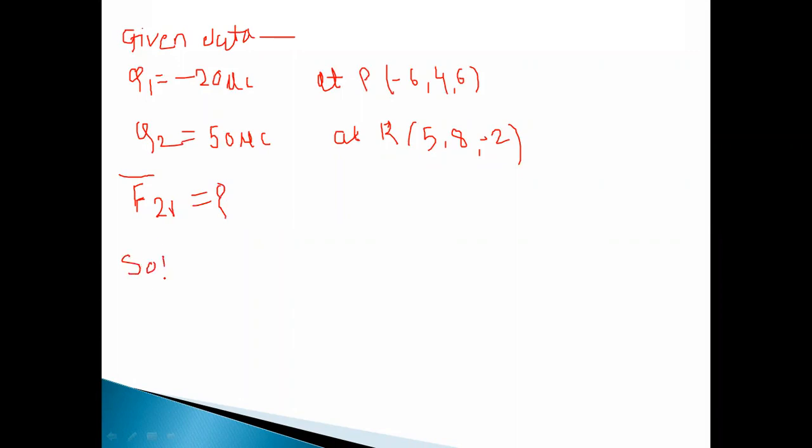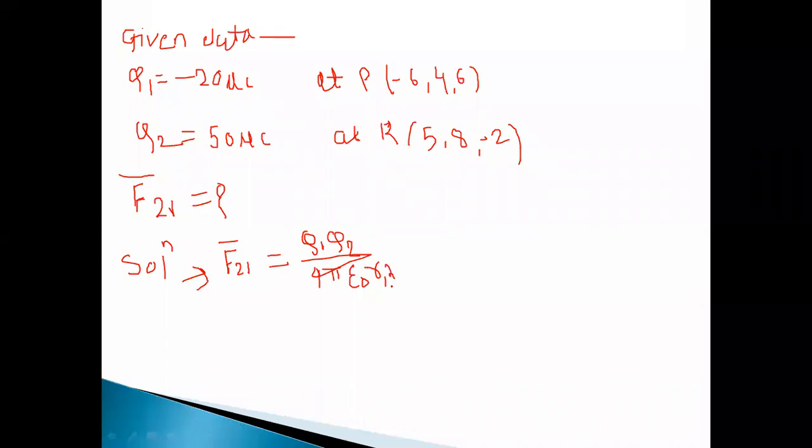Now solution. Tell me the formula. What is the formula to find F21 bar? F bar 21 is equal to Q1 Q2 upon 4 pi epsilon 0 R12 square into A bar 12.